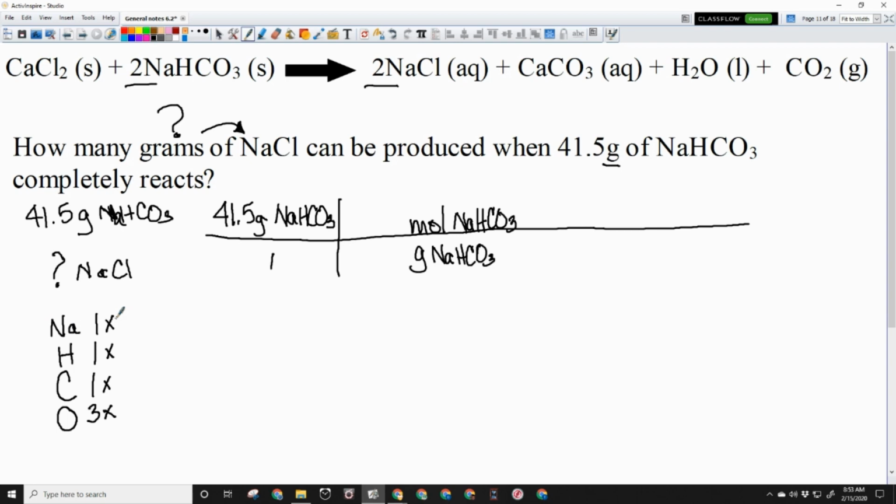So the molar mass of sodium is 22.99, I believe, if I'm remembering correctly. So I'm just going to move back here a little bit so I can grab my periodic table. There's not a periodic table in the book I grabbed.